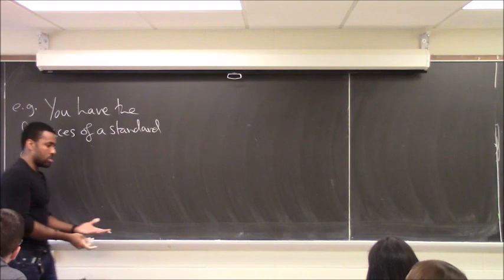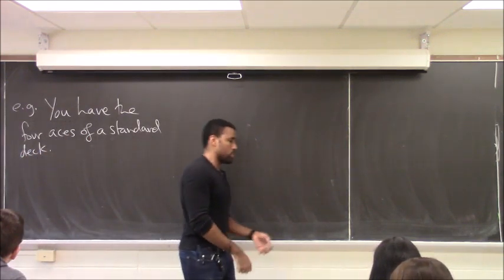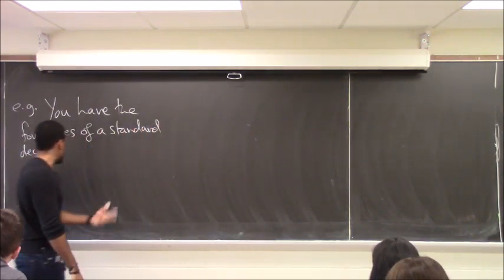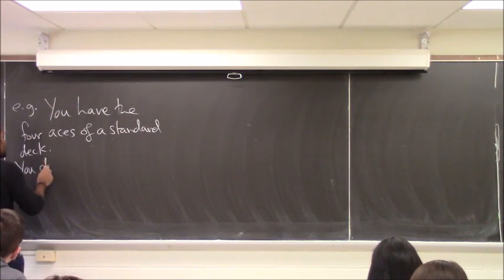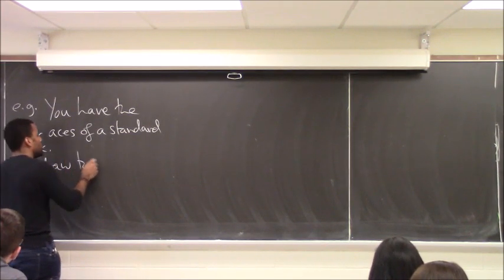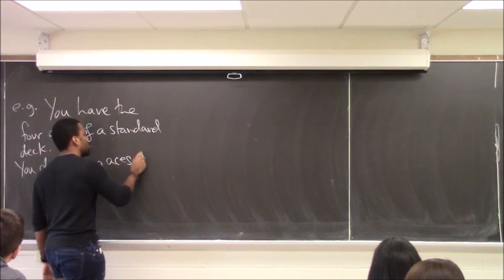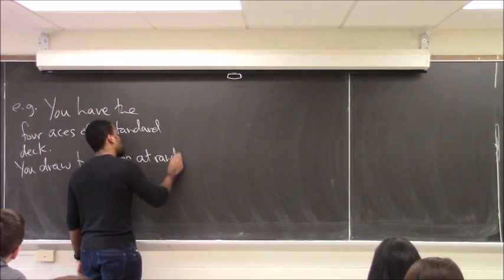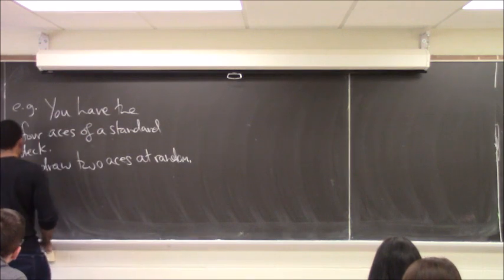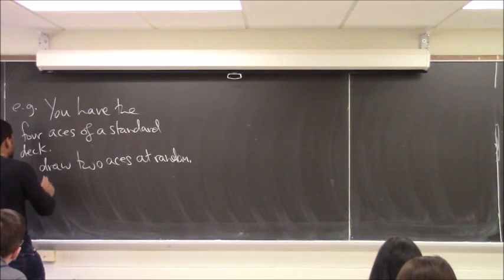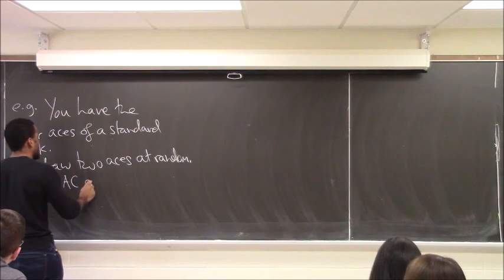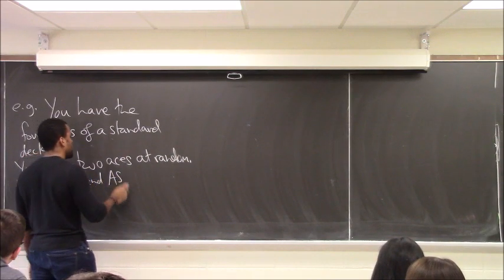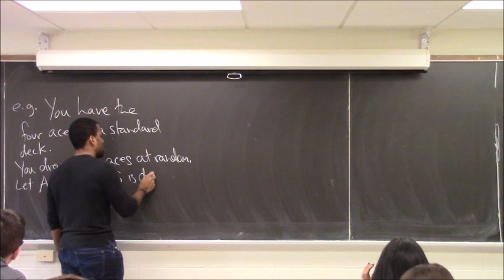So let's say you take a standard deck of cards, you pull out all the aces. So you have the ace of hearts, the ace of clubs, the ace of spades, the ace of diamonds. You draw 2 aces at random. Let A be the event: the ace of clubs and the ace of spades is drawn.